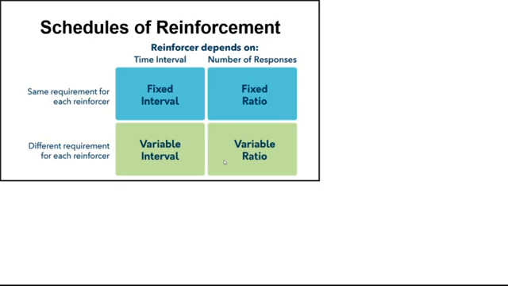On the bottom are our variable schedules. So variable interval would be that after 10 seconds plus or minus 3 seconds, the rat would get food. And then variable ratio is every 10 lever presses plus or minus whatever number, 3 presses. So if we introduce that range, we're talking about variability.